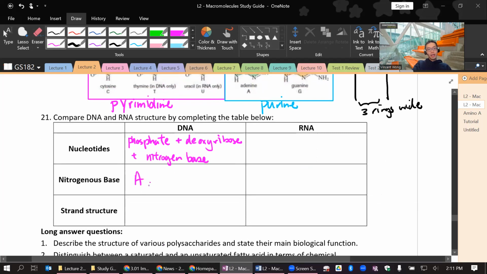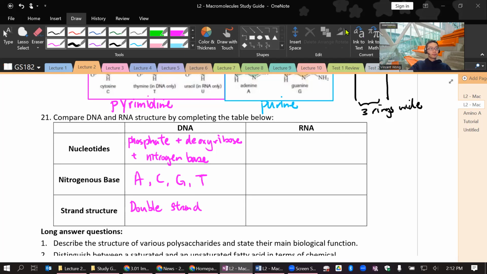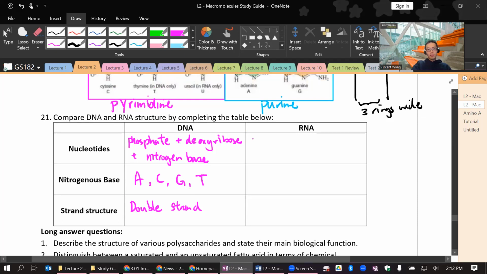And the base could be A, C, G, or T. And the strand would be a double strand. On the other hand, the RNA, we also have the same stuff. Phosphate plus ribose now.